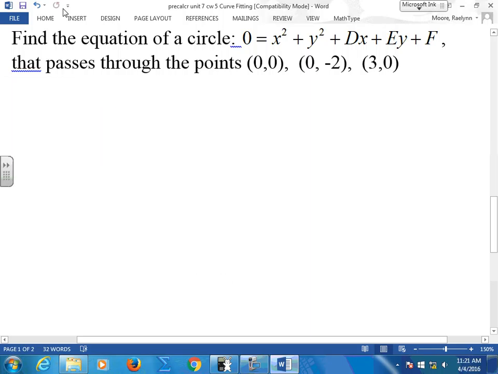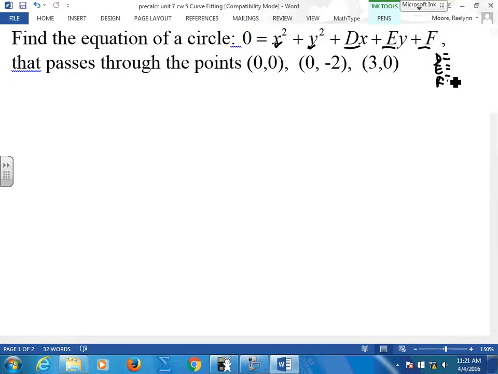If you notice, here's your x and your y, and here's your 3 variables, D, E, and F. The other one was ABC, just because we're used to working with AX squared plus BX plus C. I could call those DEF also. But the circle, this is a standard form. This is before you actually complete your square. So this is what your circle equation would look like.